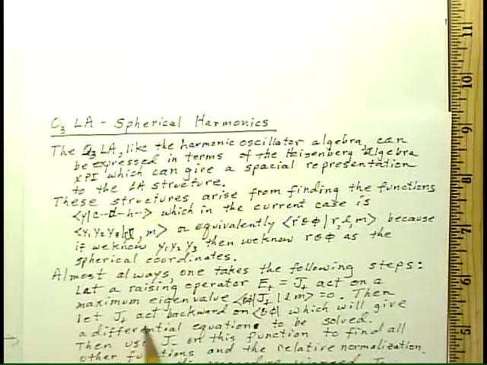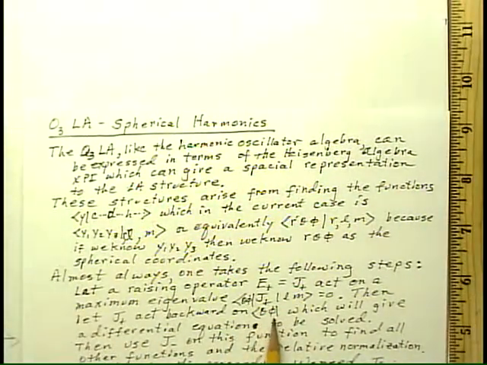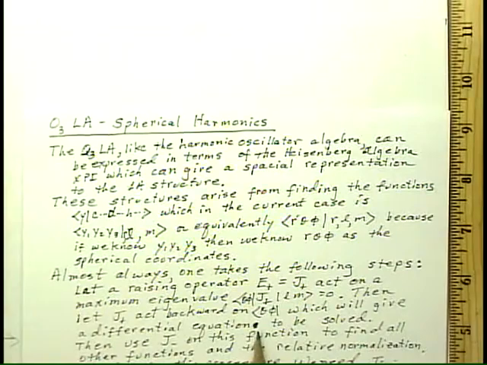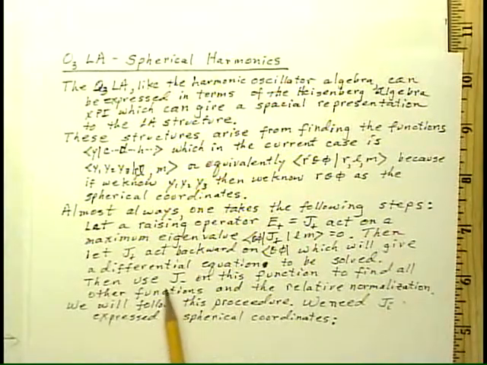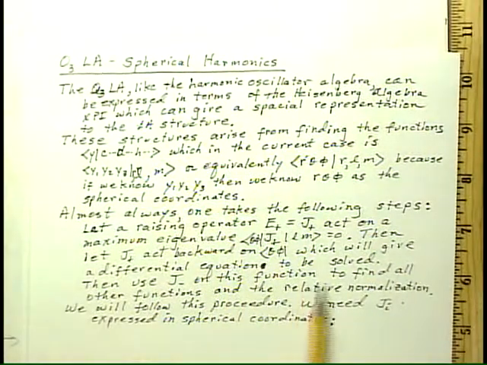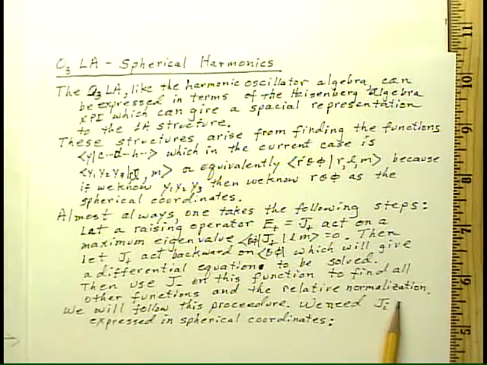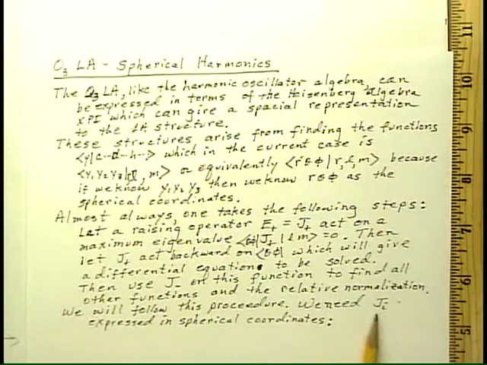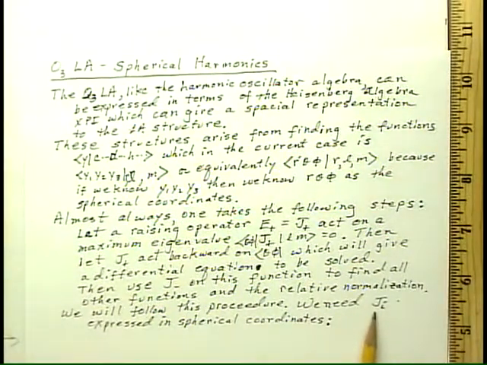So we let this J plus act backward on theta and phi, which will give us a differential equation to be solved. Then we'll use this J minus on this function to find all other functions and the relative normalizations by performing that lowering. We will then follow this procedure, and to do that we'll need the orbital angular momenta J's, or I should say actually the L's here, expressed in terms of spherical coordinates.